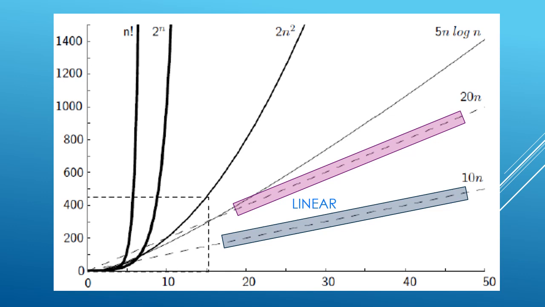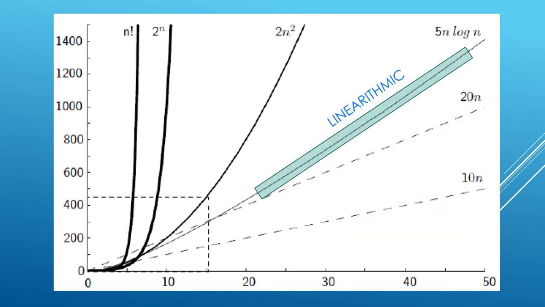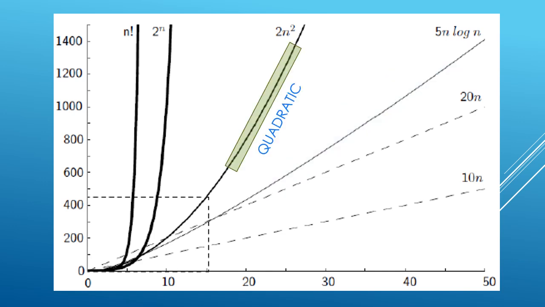There is a function here, 5n log n, which is called the linearithmic function. This function grows faster than both the linear functions, but slower than the quadratic function 2n squared. As the degree of the polynomial increases, the steepness of the curve increases.